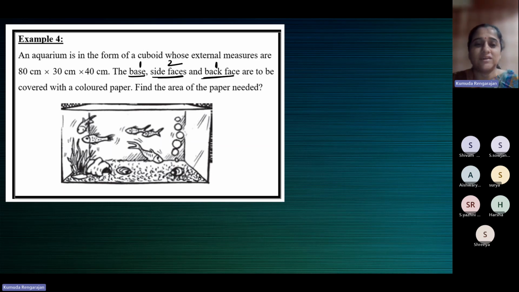So you cannot cover the front face and the top face. The side faces are covered with colored paper, the back face also, and the bottom. So 4 faces are covered. 2 faces are not covered: the front face and the top face. Now the question is to find the area of paper needed.